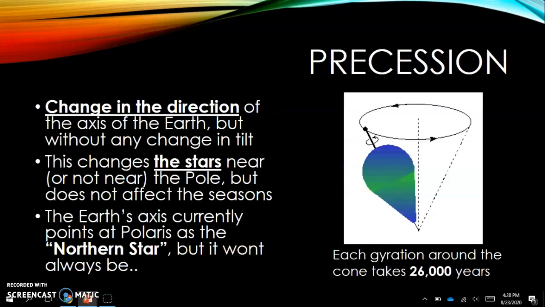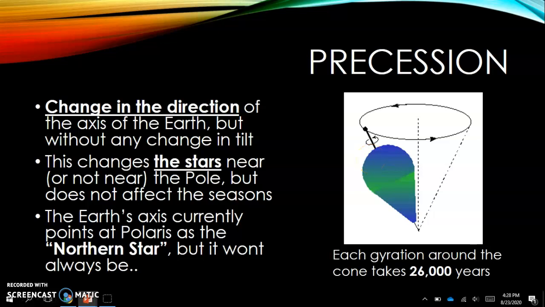So the two main things we're talking about today are precession and nutation. So let's go ahead and get into precession first. So a precession is a change in the direction of the axis of the Earth, but without any change in the tilt. So what does that mean? So if we take a look at this picture right here, we see the Earth that's spinning like a top, okay, like a toy top.